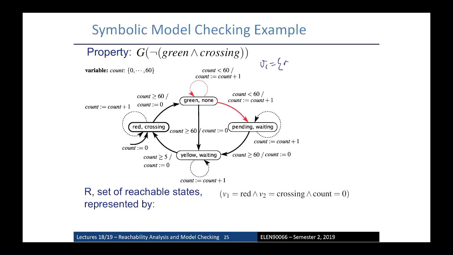So that would be, for instance, a set of four: red, green, pending and yellow. And V2 we're going to call the set of states of the pedestrian model. So crossing, none and waiting.